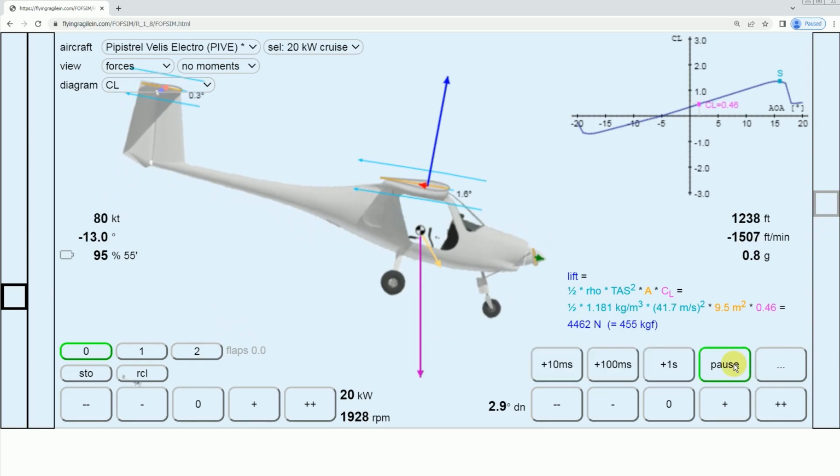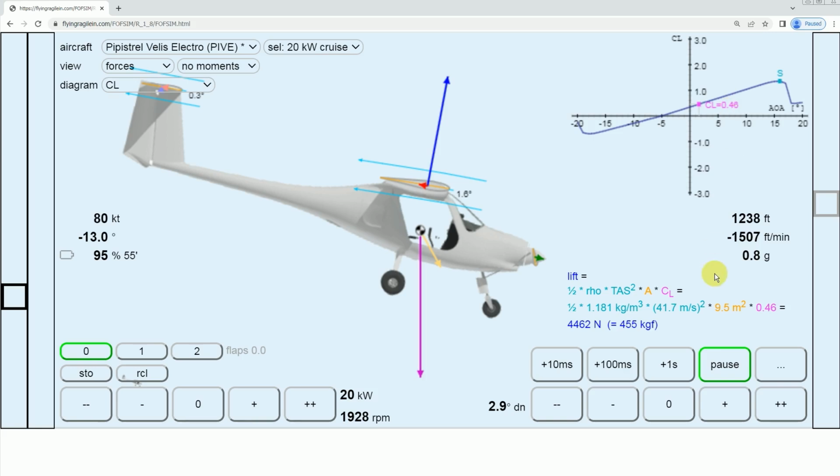Let's stop here for a moment and see what happened. Pushing on the stick decreased our angle of attack to 1.6 degrees. This caused the CL to decrease to 0.46.